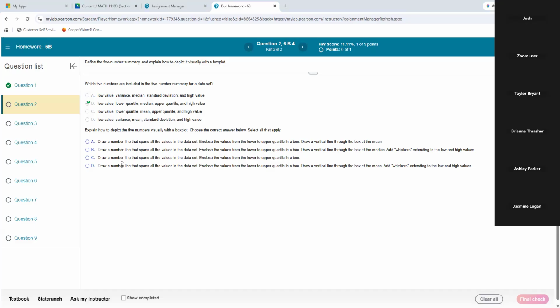All right, so it looks like I'm going to show y'all how to do a box plot real quick. So let me find my example so that y'all can see how to do that.